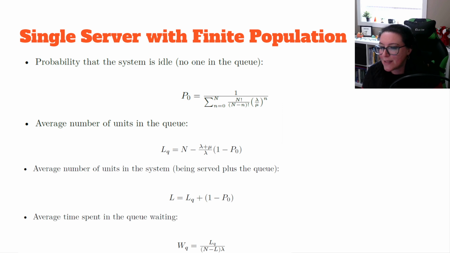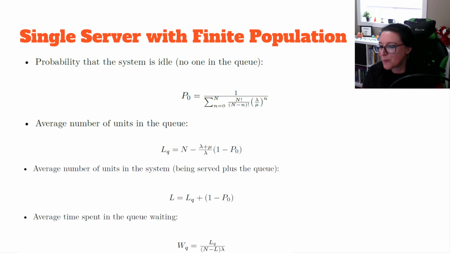And so here you can see the probability the system is idle. We're back to the one server system, so you'll notice there's no K's in these formulas. But we do have that summation at the bottom because there is a finite number of n, that is the number of people in the company, as we're going through using N. Everybody's been serviced or is in the queue itself.